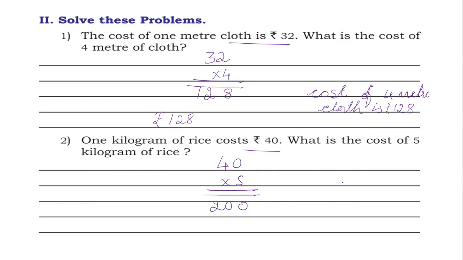The cost is rupees 200. Therefore, the cost of 5 kg of rice is 200 rupees.